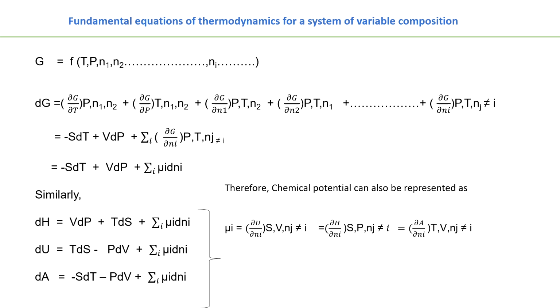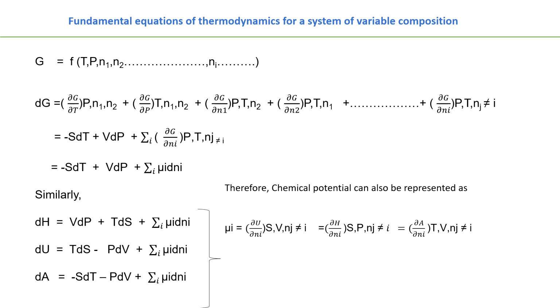So the first topic is the fundamental equation of thermodynamics for a system of variable composition. The first thing we should know is what a system of variable composition is. Actually, there are some systems having a leak-proof boundary which is adiabatic in nature also.